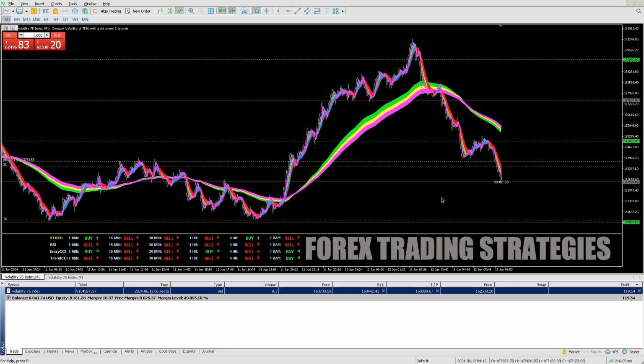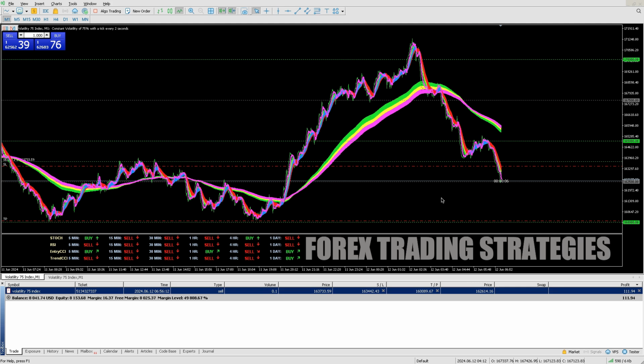So that's the thing with these volatility indices, especially if you're going to want to trade them on the lower time frames, like what I'm doing at the moment. If you're going to want to scalp these volatility indices, what you want to do is to make sure you manage your trades.